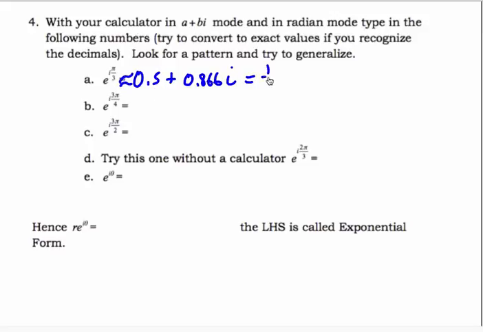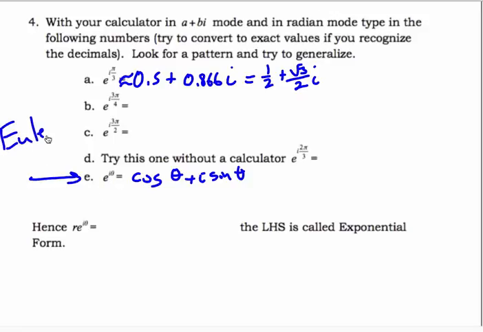But you might notice this is half, and this quantity here is actually root 3 over 2 i. So in general, what you get is e to the power of i theta is always equal to cosine theta plus i sine theta. Okay, so this is called Euler's formula, and we're not going to prove it right now, but you can prove it later with some more advanced math. So that's Euler's formula.